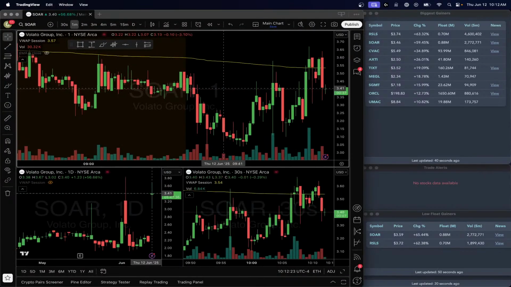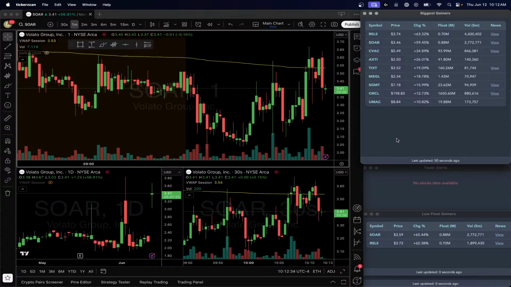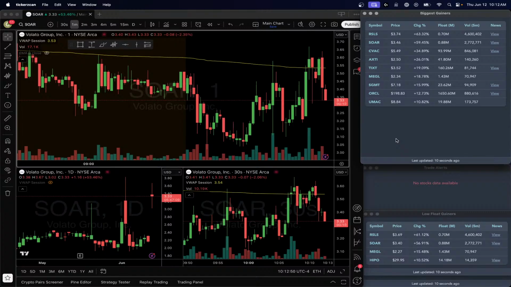So we got SOAR. Looks like it's putting in a daily doji. There was HIPO.